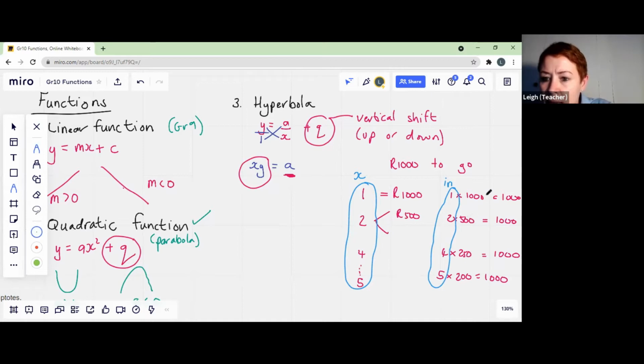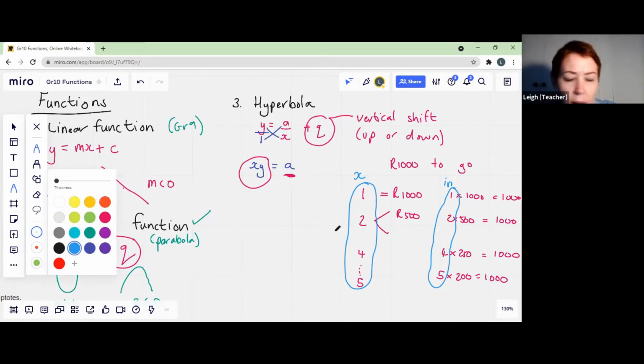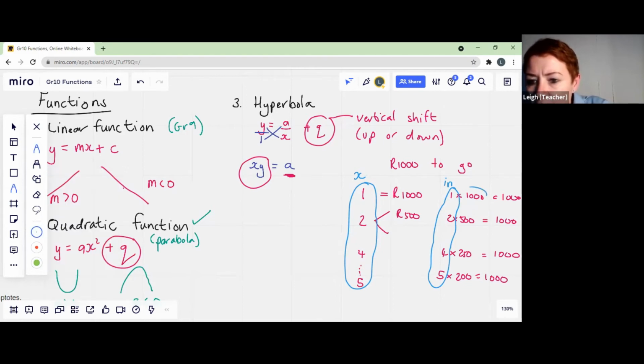All right. When we multiply it by this value over here, oh, let's get a different color. Red. These numbers are changing. First it was 1,000, then it was 500, then it was 250, then it was 200. These are the numbers that come out. And when we multiply them together, we get a constant value.